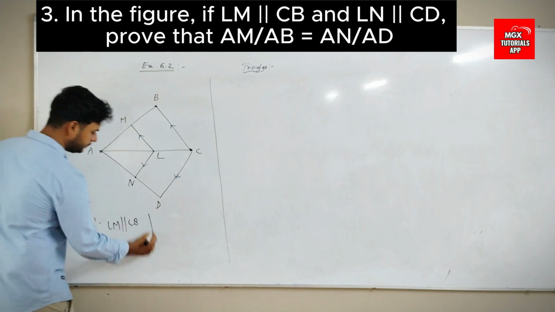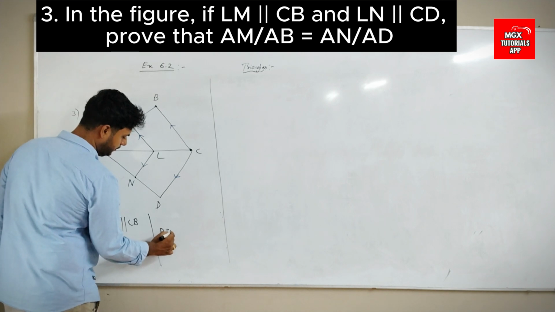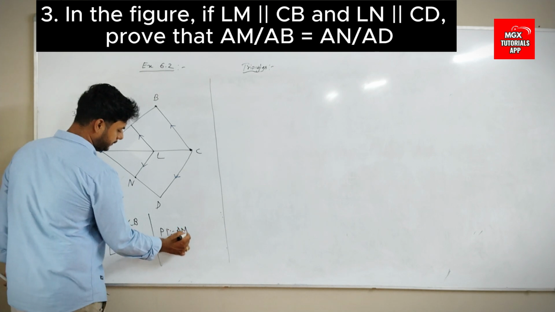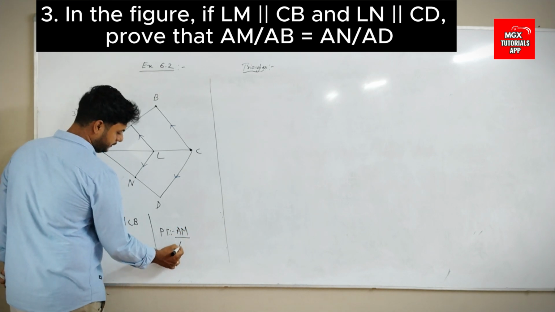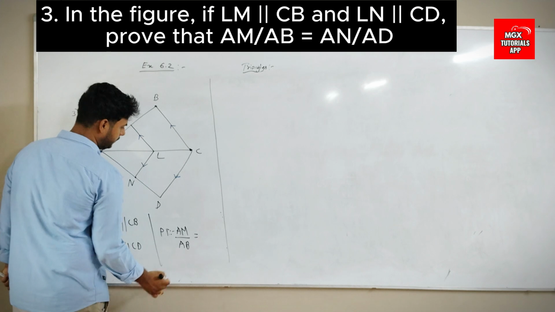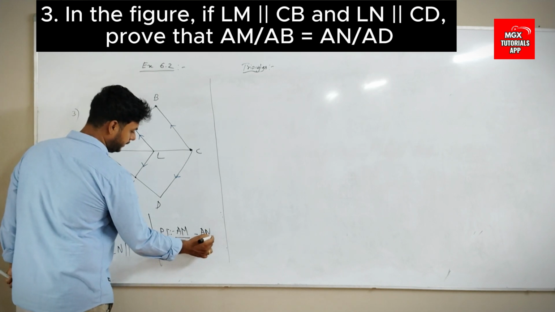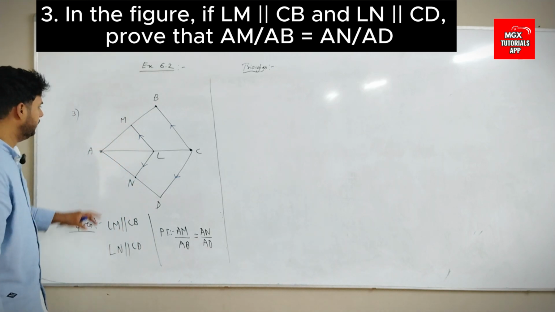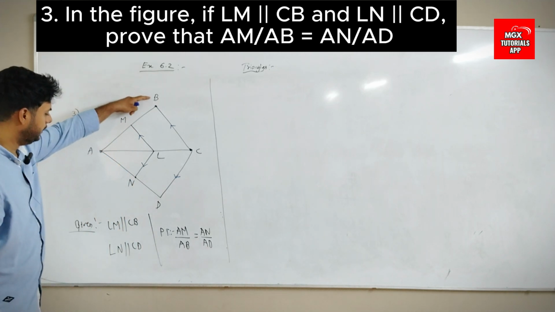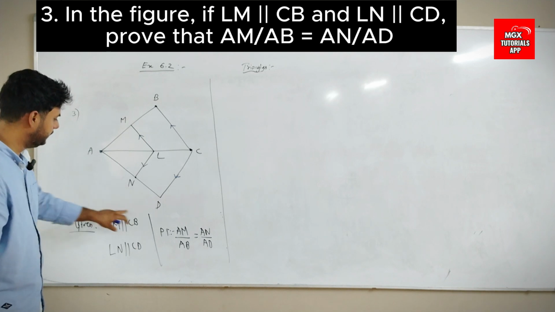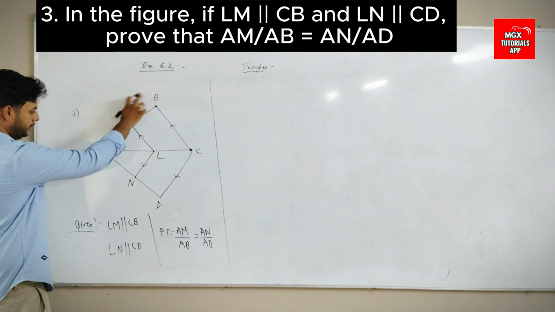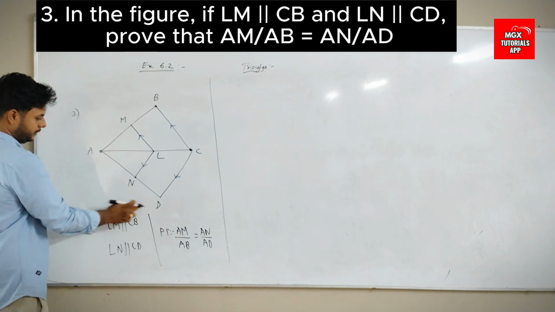Prove that AM by AB is equal to AN by AD. So I should prove AM by AB is equal to AN by AD.